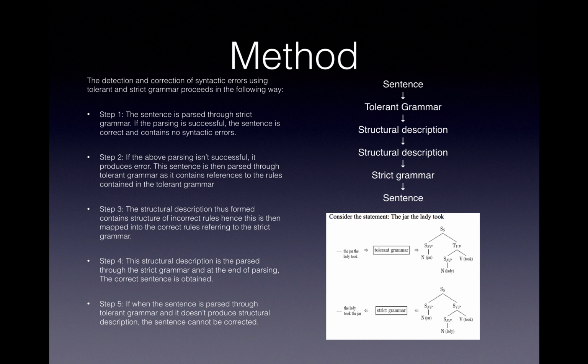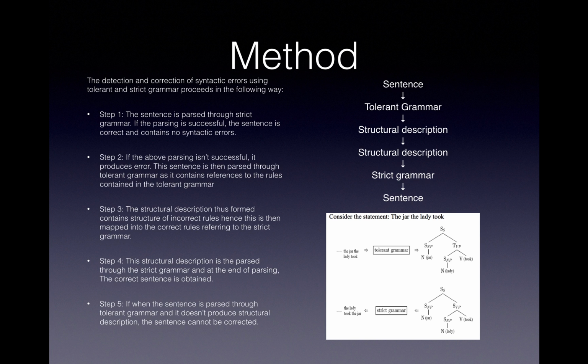Hence, this is then mapped into the correct rules, referring to the strict grammar. In step 4, this structural description is then parsed through the strict grammar, and at the end of the parsing, the correct sentence is obtained. And step 5, if the sentence is parsed through tolerant grammar and it doesn't produce a structural description, the sentence cannot be corrected.